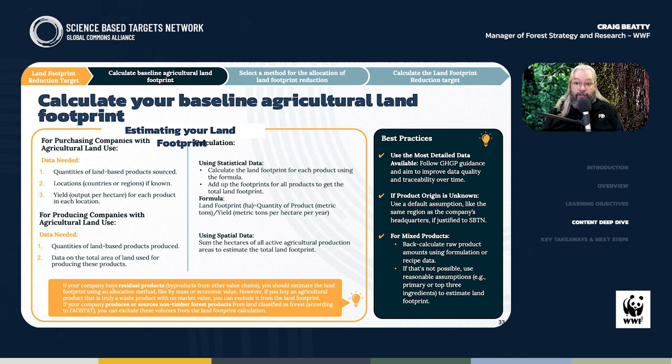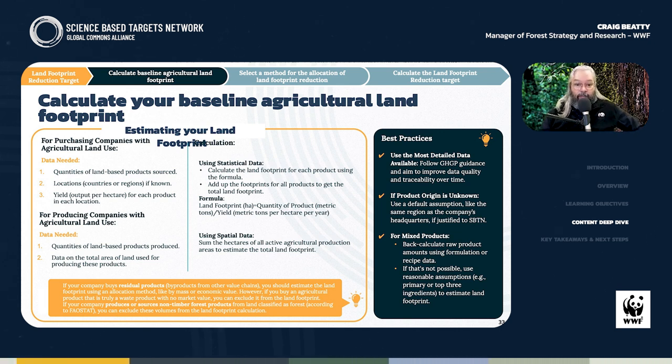Purchasing companies with an upstream agricultural land footprint will need statistical data on quantities of agricultural products sourced, locations in countries or regions if known, and yields in outputs per hectare for each product in each location if known. Producing companies with agricultural land use will need statistical data on quantities of agricultural products produced, and statistical or spatial data on the total area of land used for producing those products.